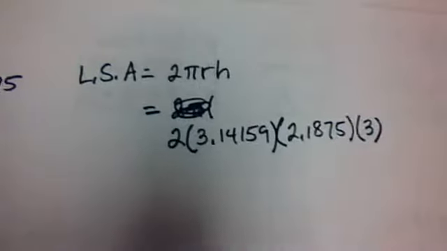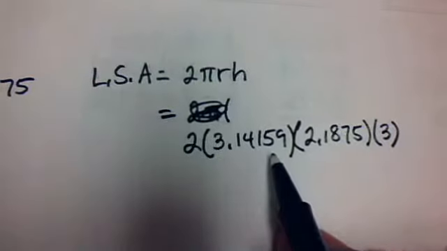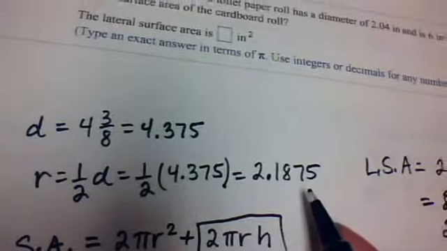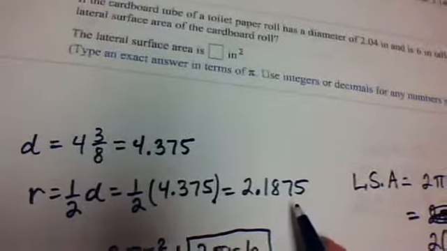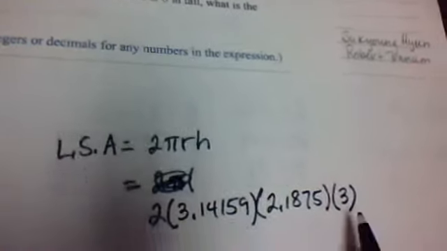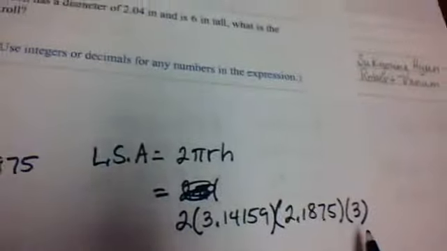Okay. So here we're using 3.14159 for pi. Our radius, we found that out to be 2.1875 by taking 1/2 of the diameter, and we were told that the height of that was 3 inches tall.